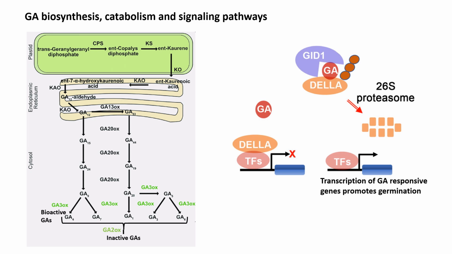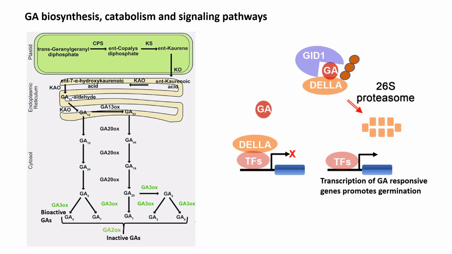GA perception and signaling pathway regulates the expression of GA-inducible genes, which play an important role in germination. The GA receptor, called GA-insensitive dwarf or GID1, is a soluble protein localized to both the cytoplasm and the nucleus. The GA-GID complex has the ability to interact with proteins called DELLA proteins.